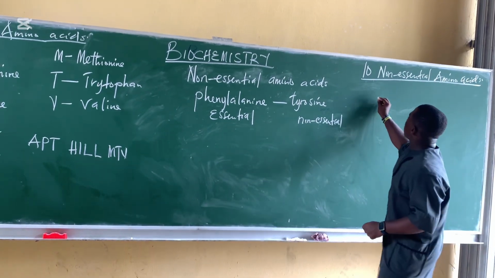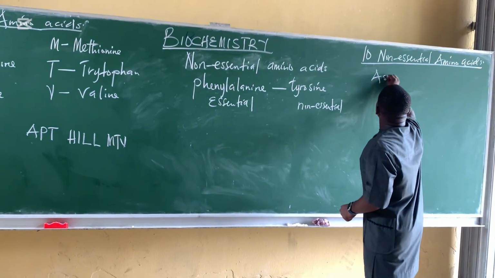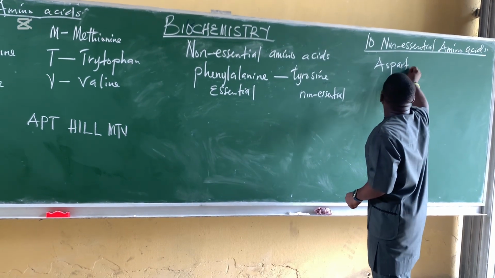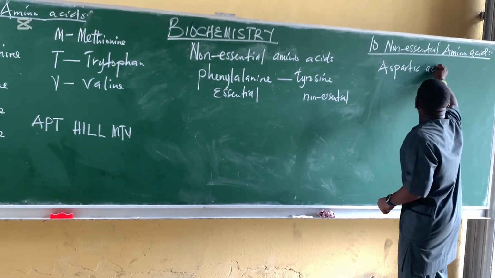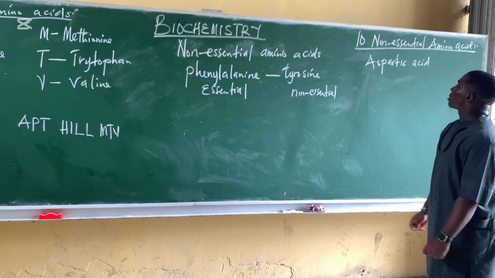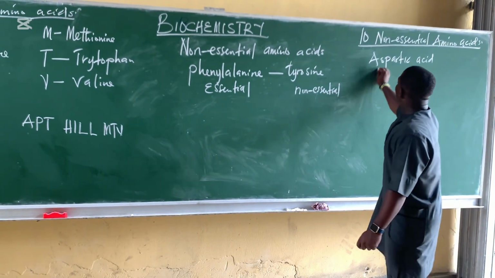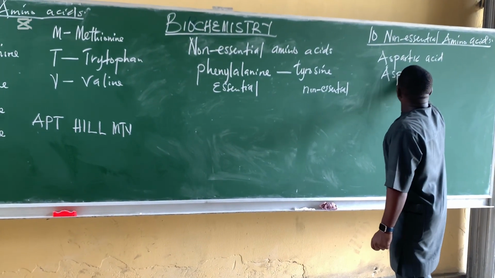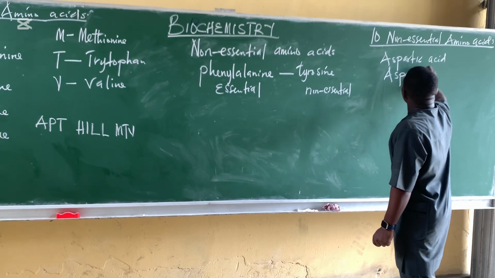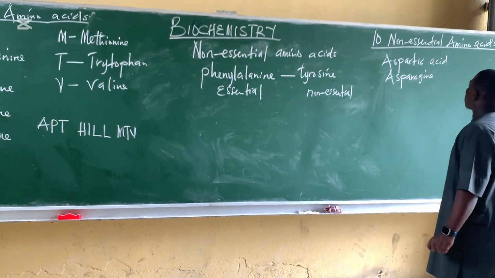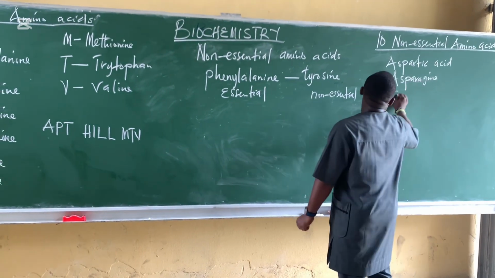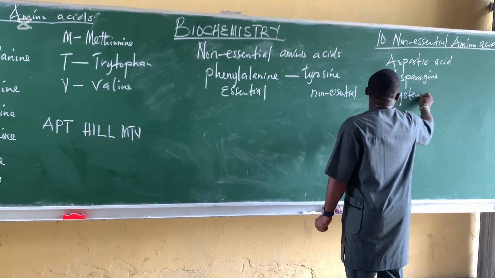Number one is aspartic acid. Number two is asparagine. Number three is cysteine.